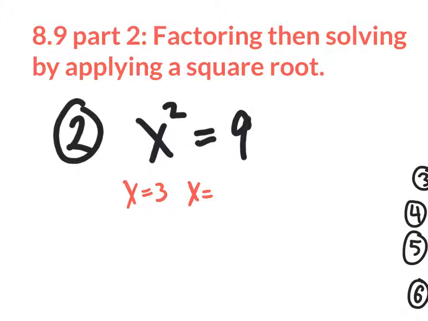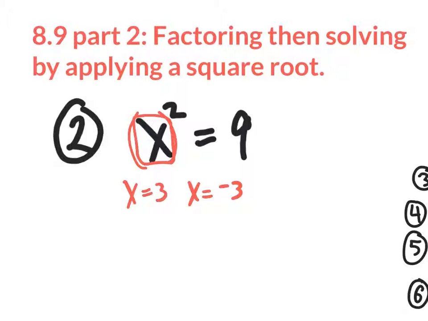What other number could fit right in here in parentheses that if I square it, it gives me 9 besides 3? Negative 3 also, right? So when we have an equation, x squared equals a number, you're actually going to get two answers, positive 3 and negative 3 in this case.